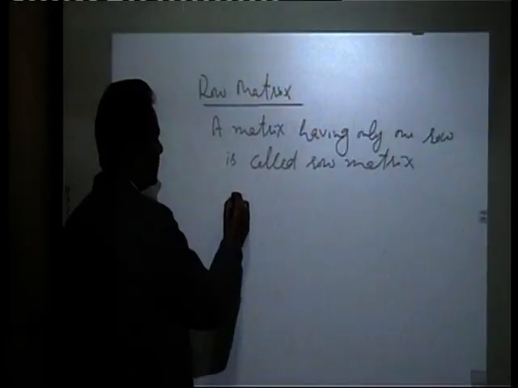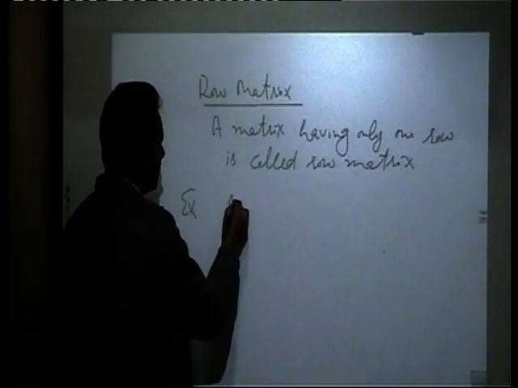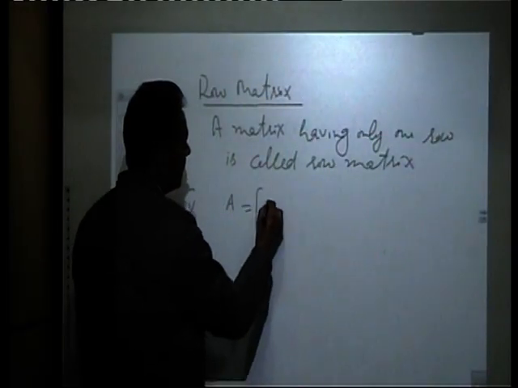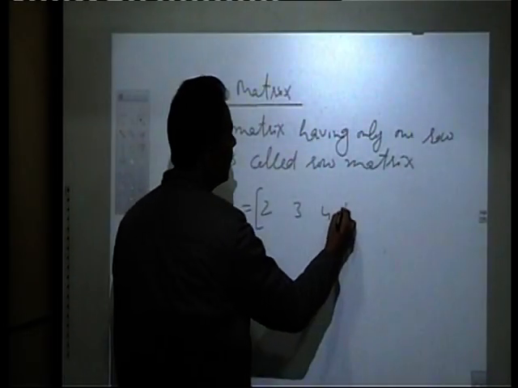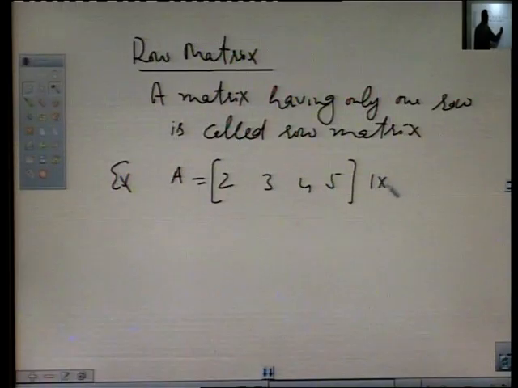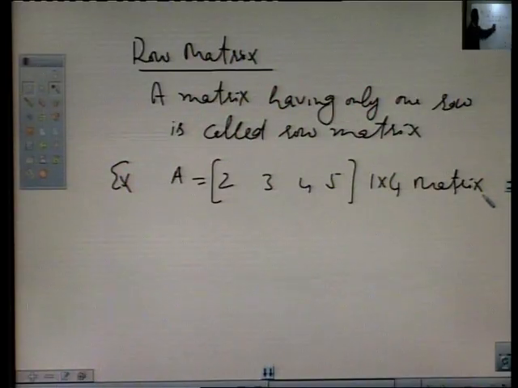For example, matrix A, 2, 3, 4, 5. This is a 1 cross 4 matrix. This matrix has only one row and 4 columns: the only first row, first column, second column, third column and fourth column. This is called a row matrix.